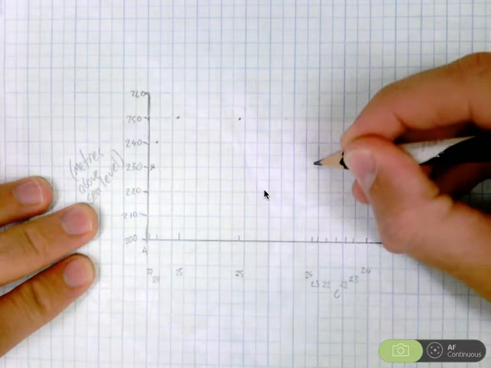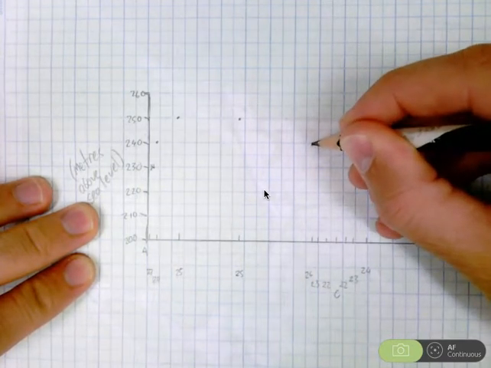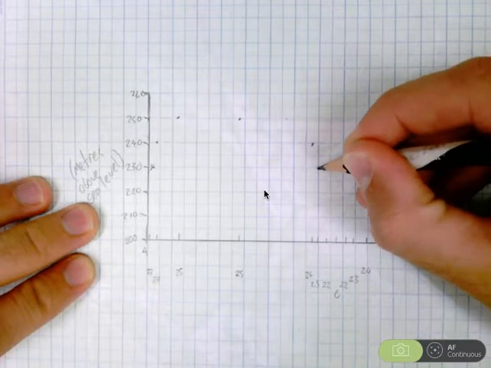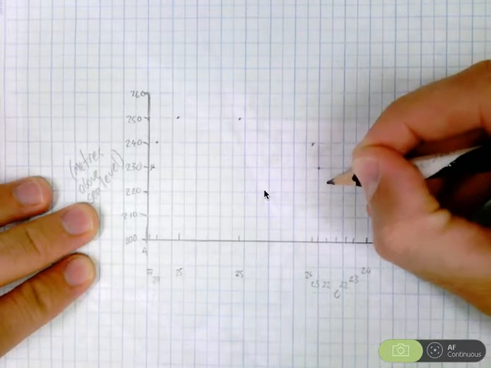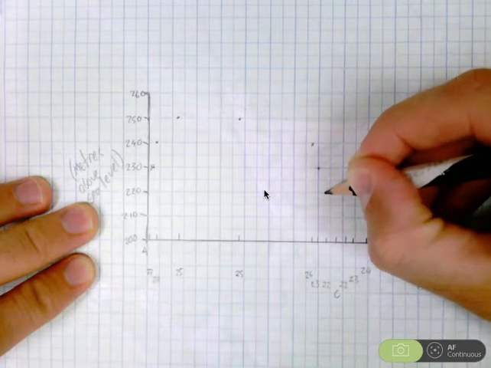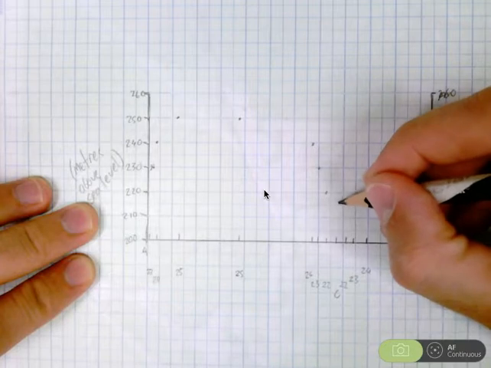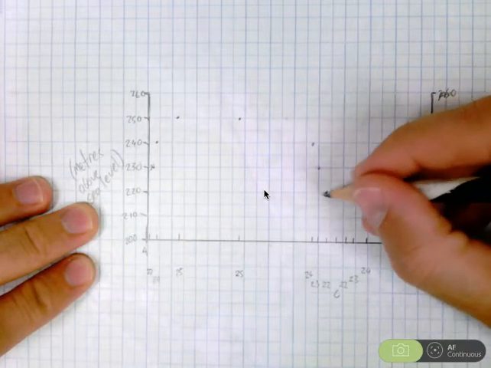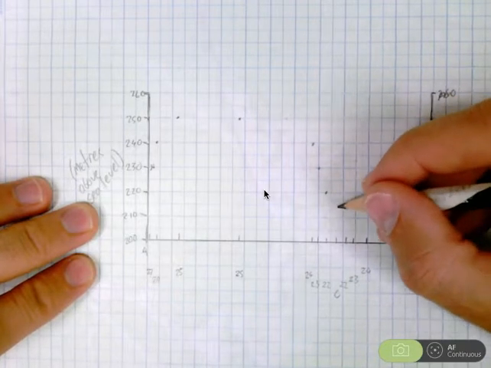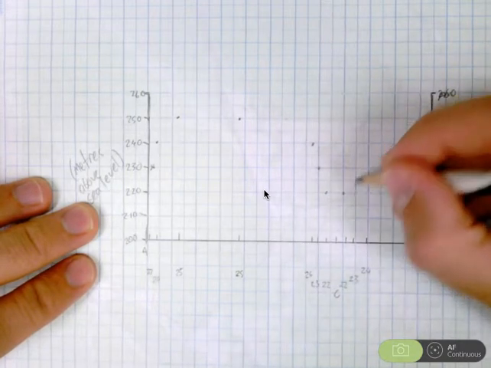I'm going to go down to 240, 230, 220. Now the creek we're not going to indicate just yet because we don't know the specific height of the creek. We just know it's in between 220 and 210.